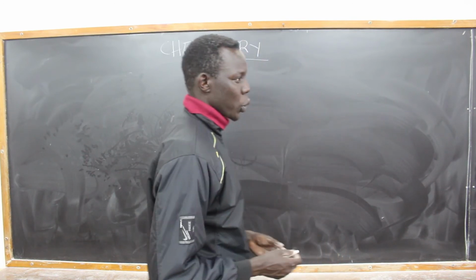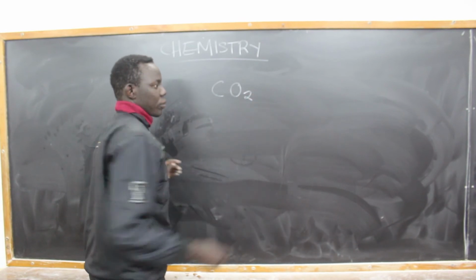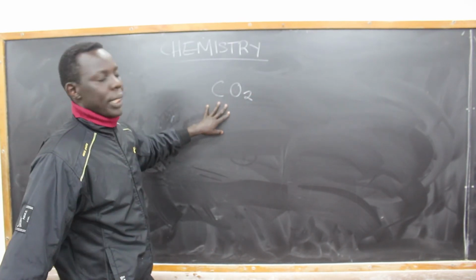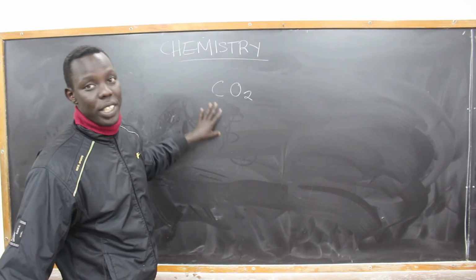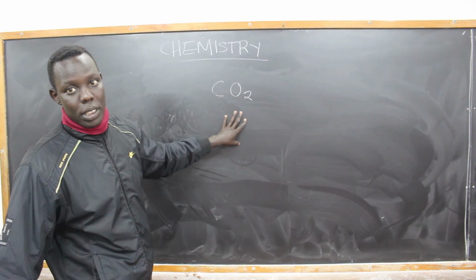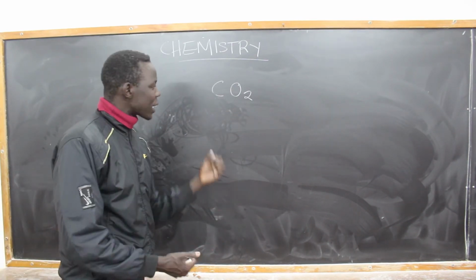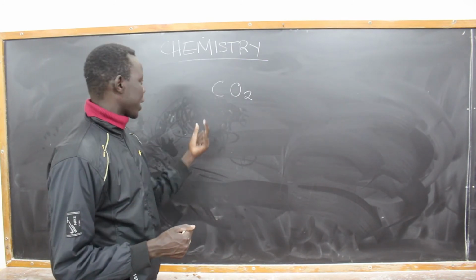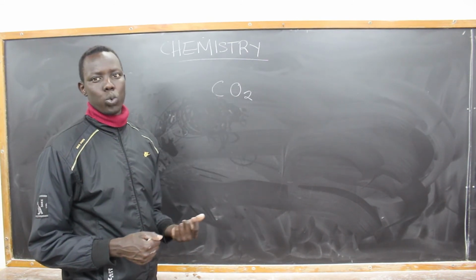Look at this question. This is carbon dioxide. What is the RFM of this? What is the relative molecular mass, RMM, of this? It's a molecule. So first of all, we need to see what are the atoms making up the compound. It is carbon and oxygen, but the oxygens are 2.